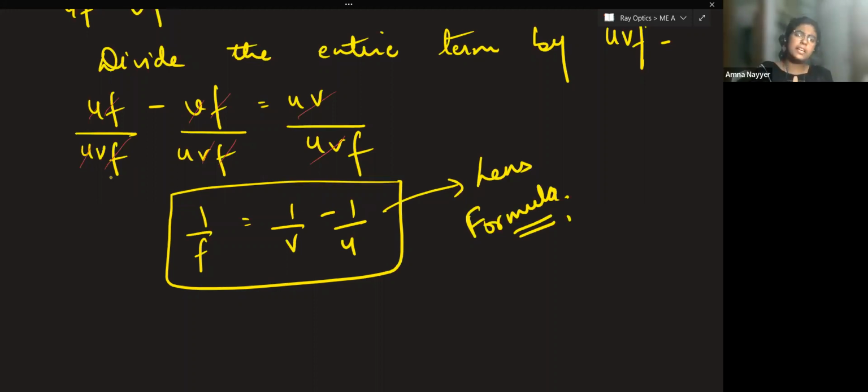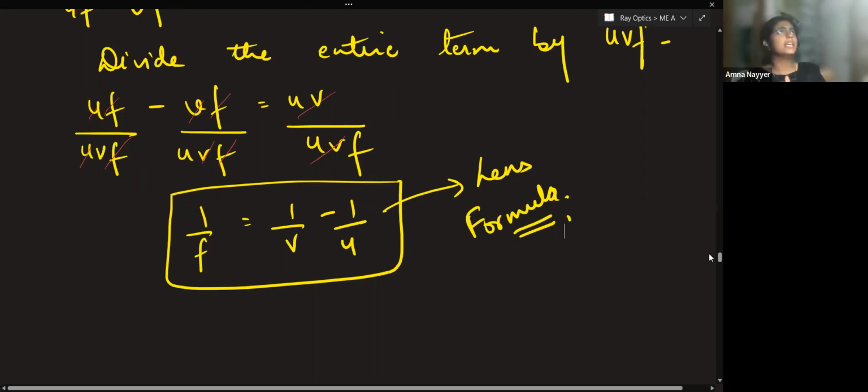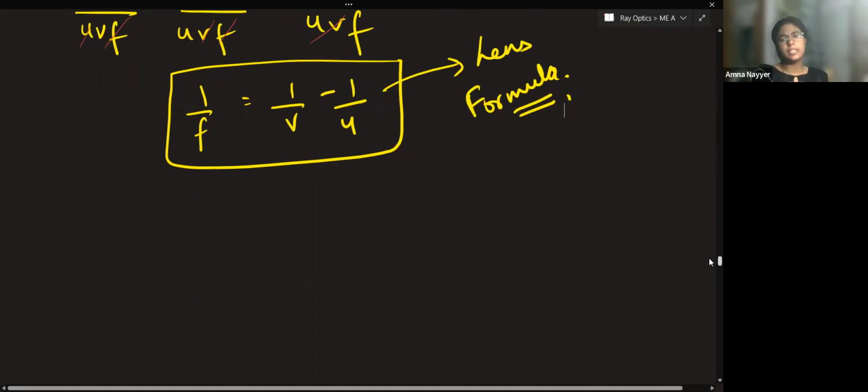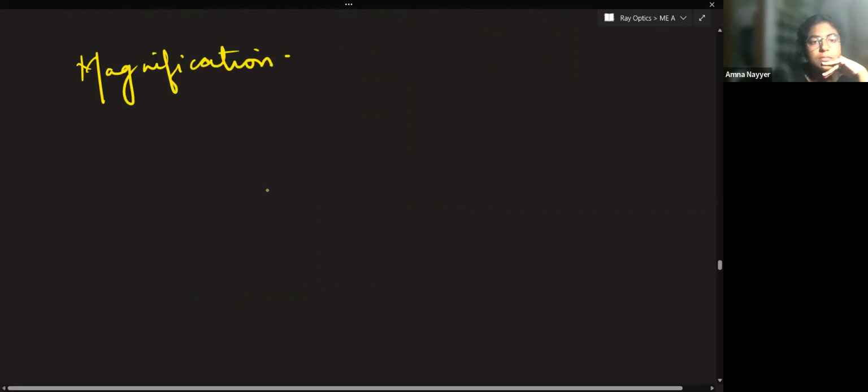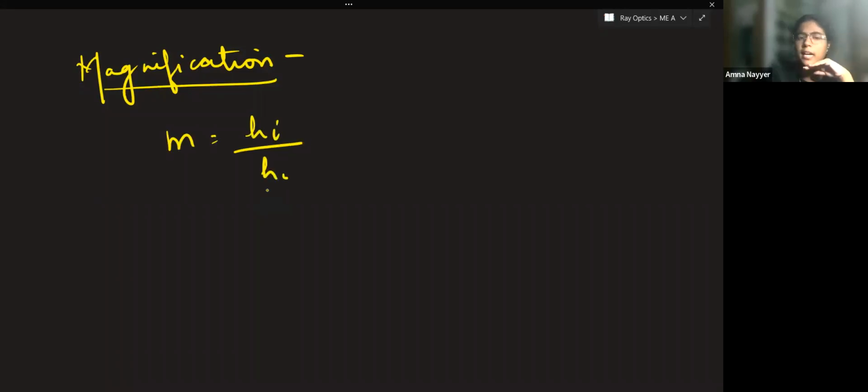So this derivation is similar to what you've studied for mirror. Fine, that is the same. One more thing before you copy this part is magnification. So magnification is the same thing. Magnification is height of image by height of object. That remains the same.